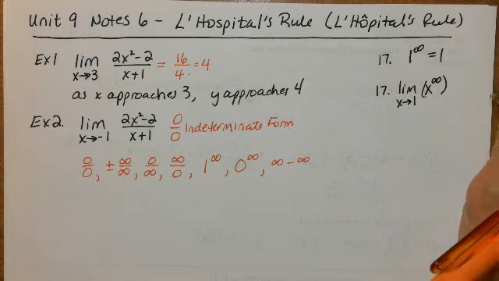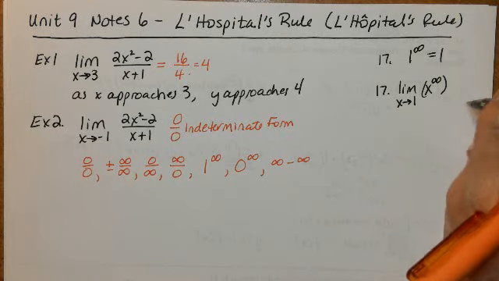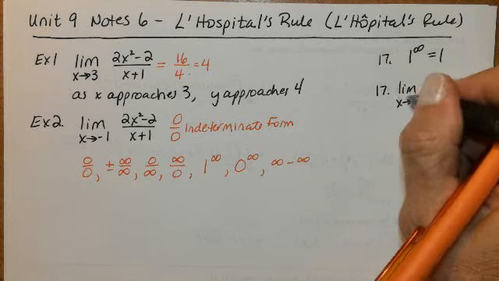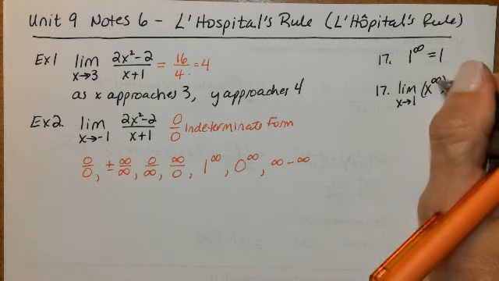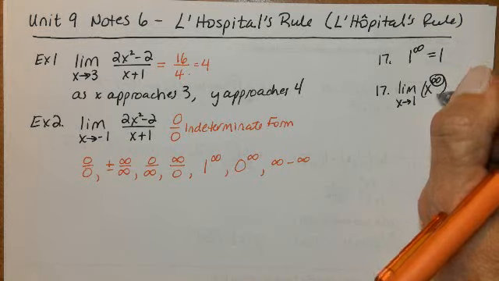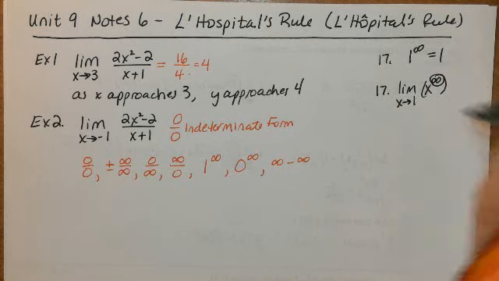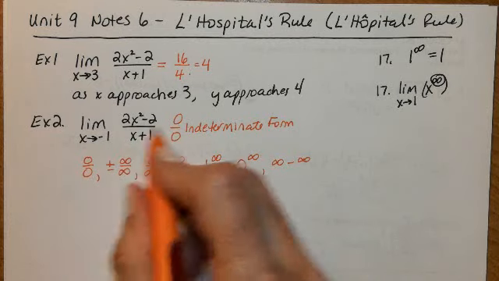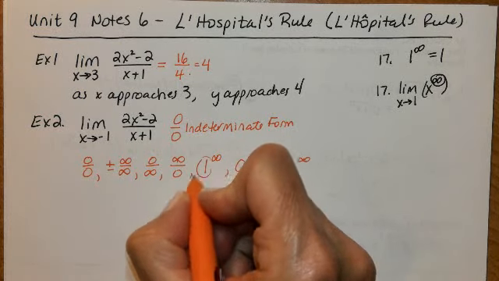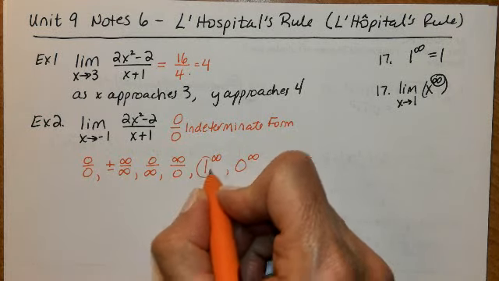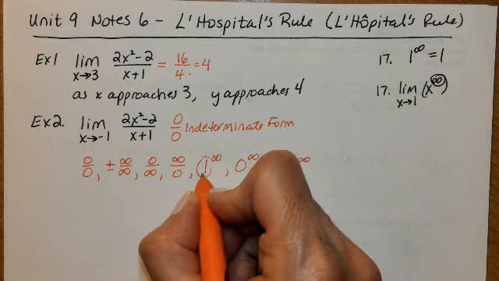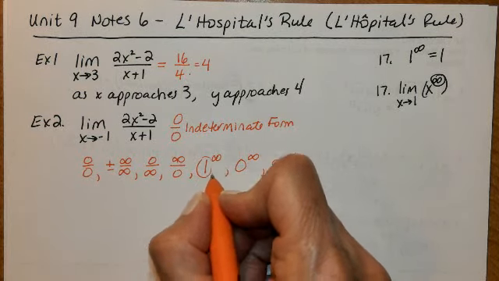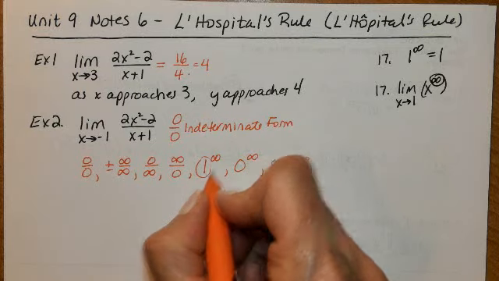Maybe it is 1, but it's not necessarily 1. Remember, these indeterminate forms came from a limit. That maybe was something going to 1. Going to 1 to the going to infinity is not necessarily 1. It's indeterminate.